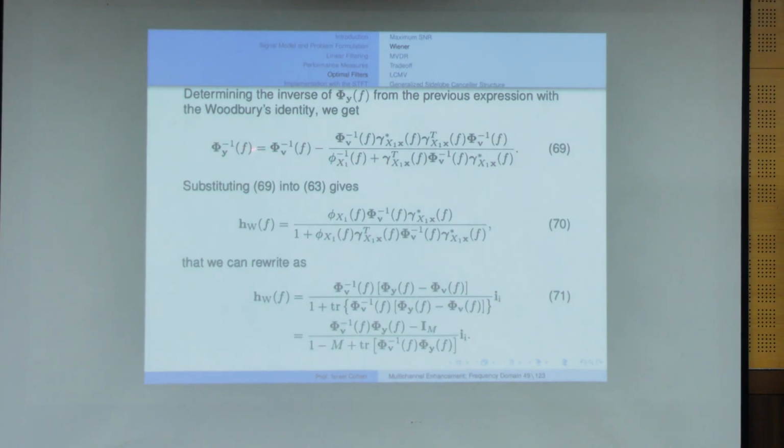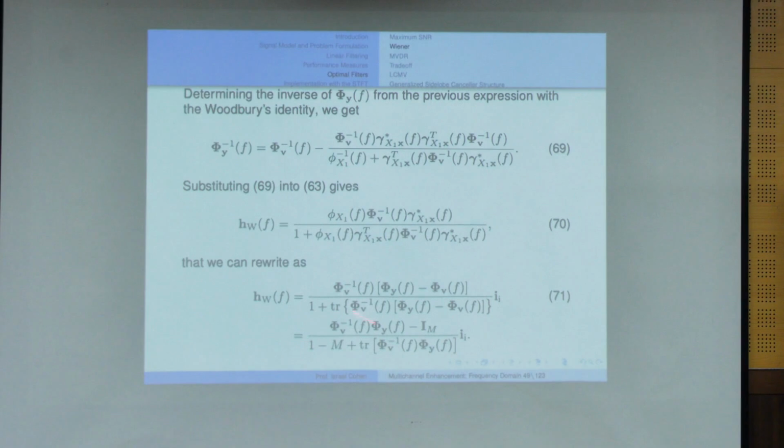Anyway, if we substitute phi y minus 1 in the expression, we get a new expression, like this. And we can also rewrite this expression like this and like this. So you see we have different expressions for the Wiener filter, even though it's a vector of length m.